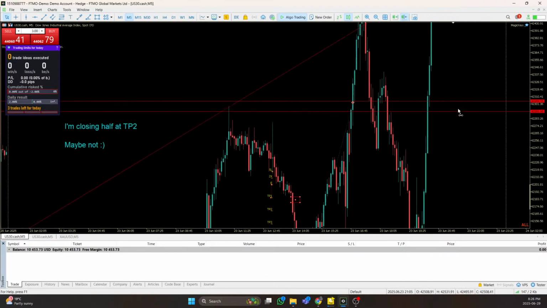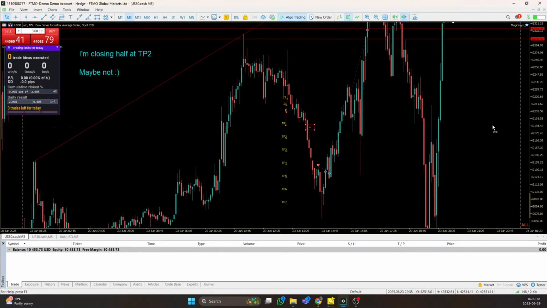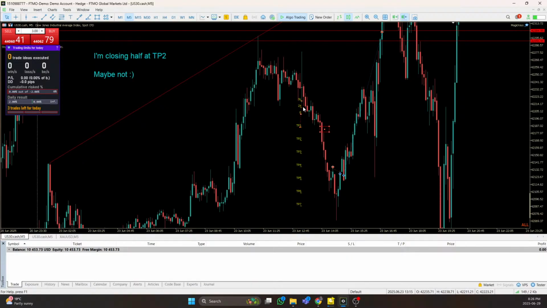So my TP would have been here. If I move my entry to where I entered, my stop loss goes behind the first retracement or first resting before the gap, which is here.